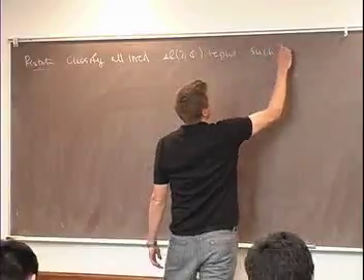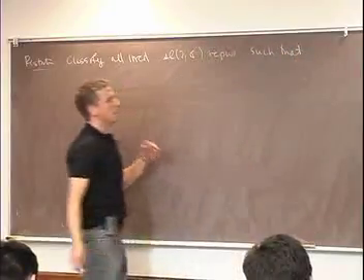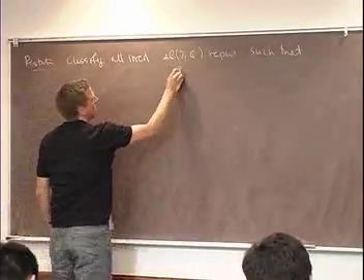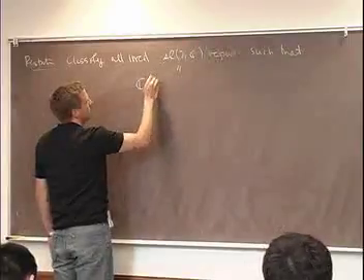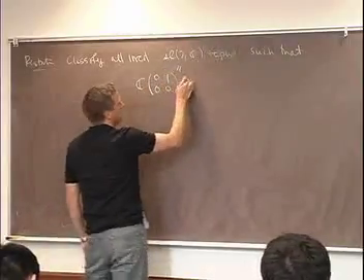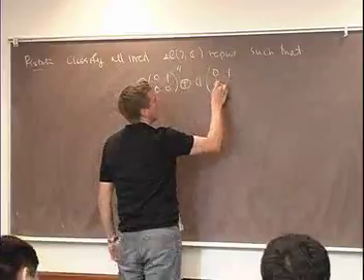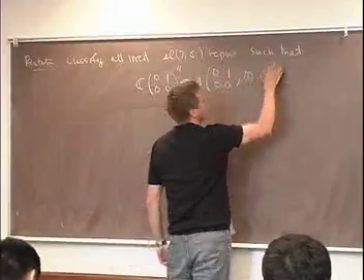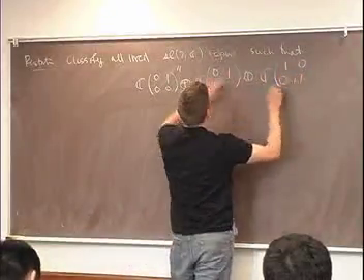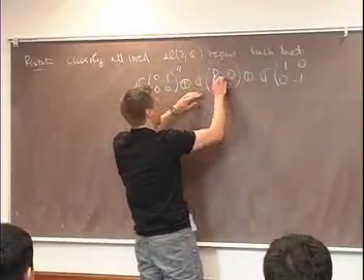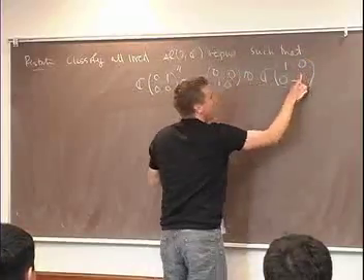such that the Lie algebra of K... So what does sl2C look like? It's C times the upper triangular matrix, the lower triangular matrix, and the diagonal matrix.